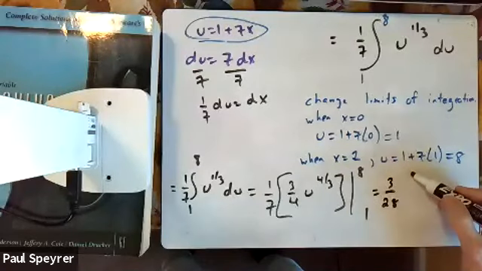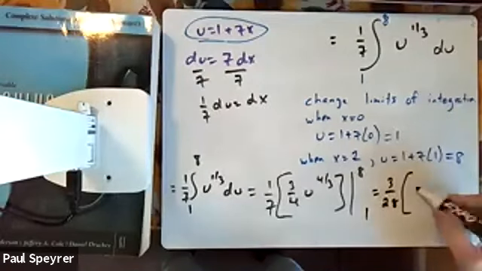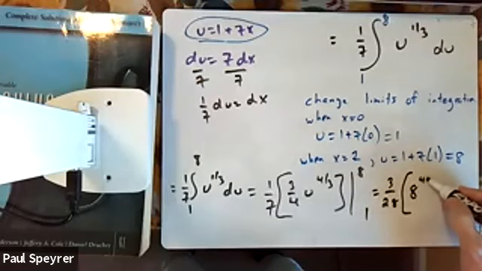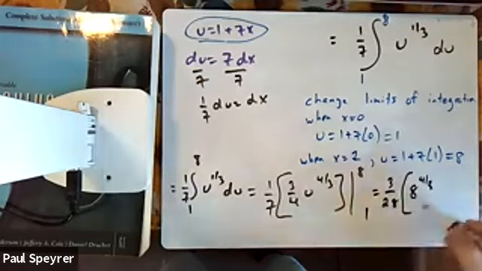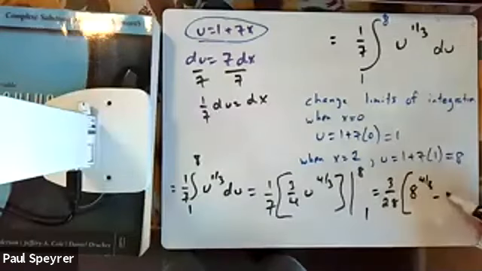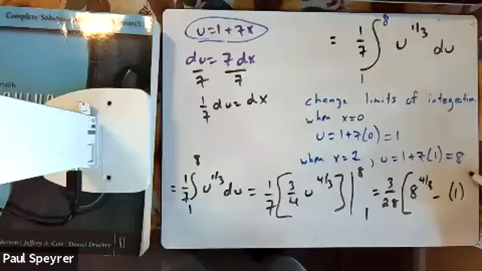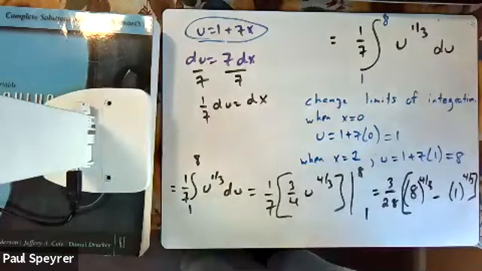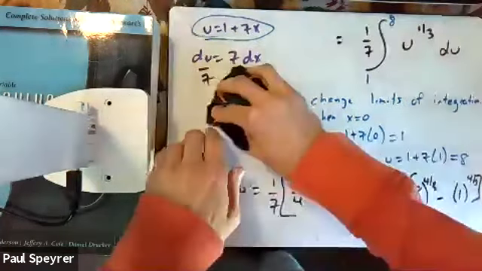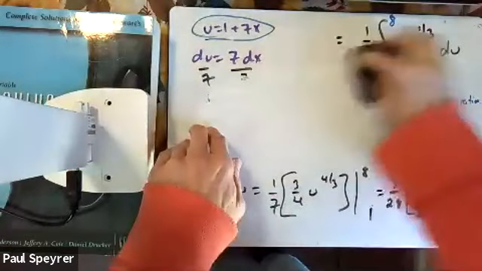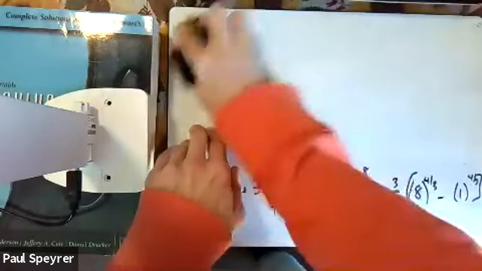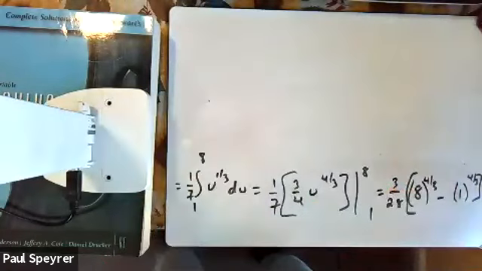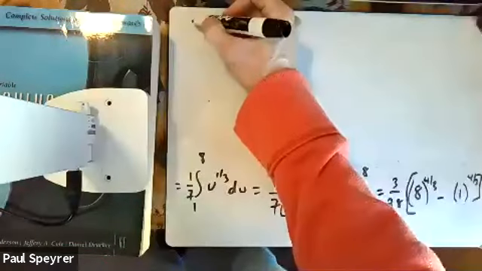And then remember, it's the upper limit, so we have 8 to the 4/3 minus the bottom limit, which would be 1 to the 4/3. And we can evaluate, right? These are nice numbers.